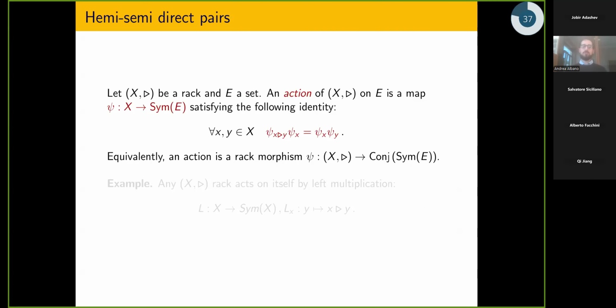What I'm talking about here is a notion of semi-direct product of solutions.